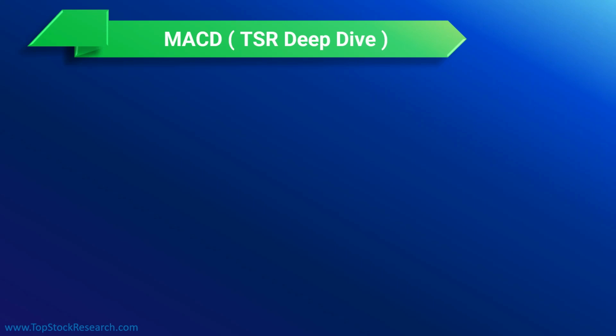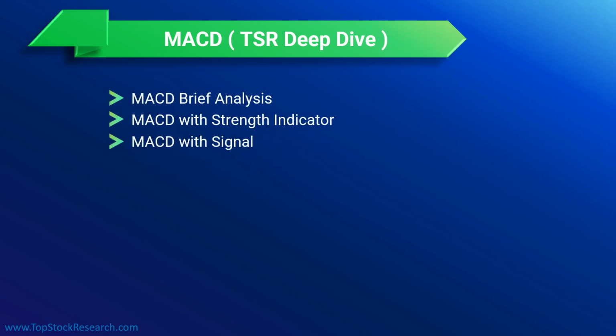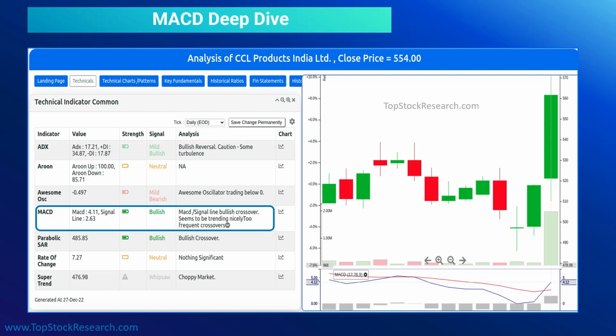So, MACD deep dives in TSR. There's an actual value, there's a brief analysis about it, and there's a color coding with the signal. So how does it look? When you look at MACD on a particular equity, it is CCL Products, which my team has found out.